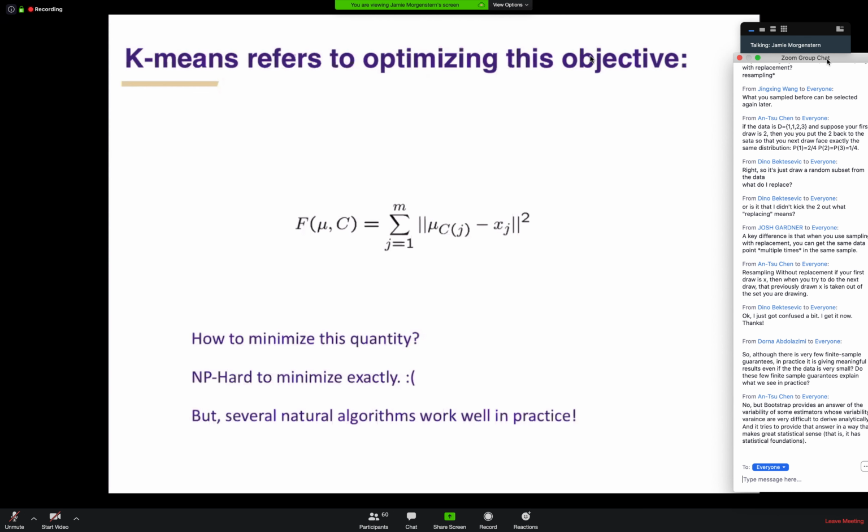There are often ways to represent, and Kevin alluded to this earlier, data that is initially represented in high dimensions in many fewer dimensions. Whether or not that works well will depend a lot upon the structure of your data, but there are many cases in which it does work well. Okay, thank you.